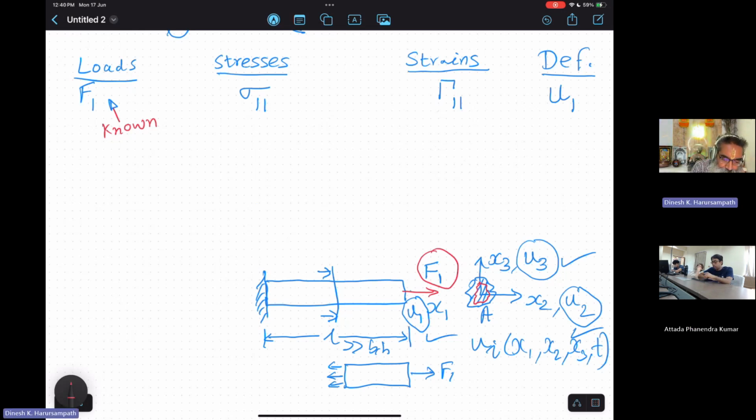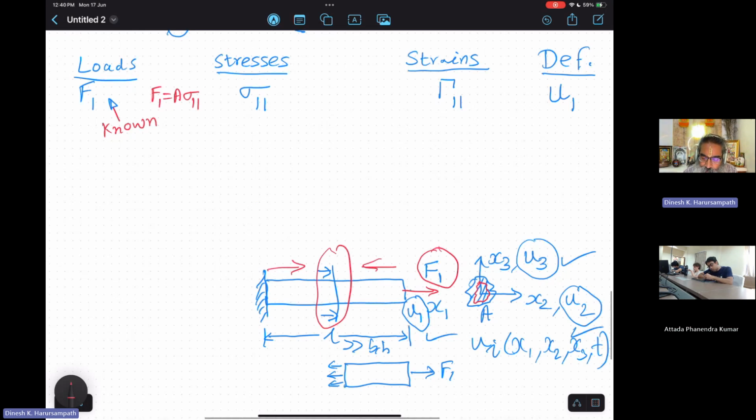Very good. Yeah. So you're saying that F1 is equal to the area times sigma 11 because St. Venant's principle works. We are in an interior location, which is sufficiently far from either of the boundaries. And therefore, how I apply F1, I'm showing here as almost like a concentrated force, doesn't matter.